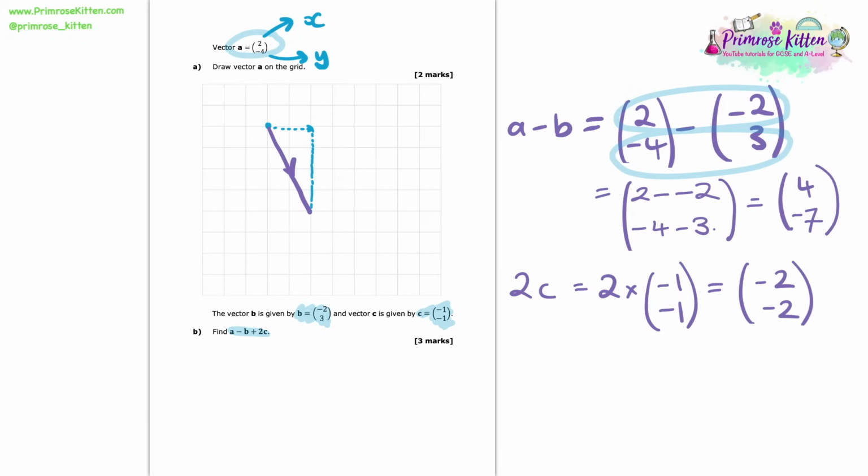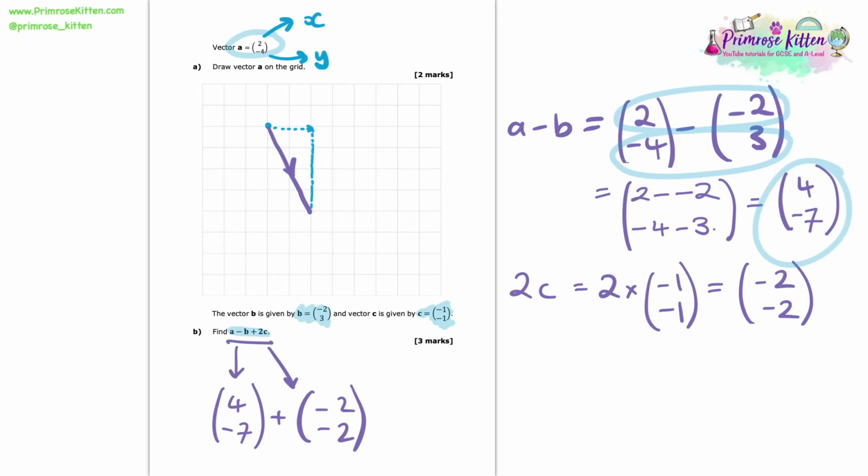So finally, looking at this, you can see that we wanted A minus B, which we found to be (4, -7). And we want to add to that 2C, which is (-2, -2). So just the same as the subtraction here, we're going to add across.